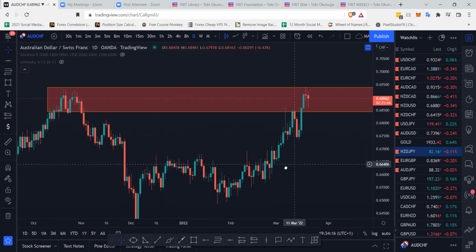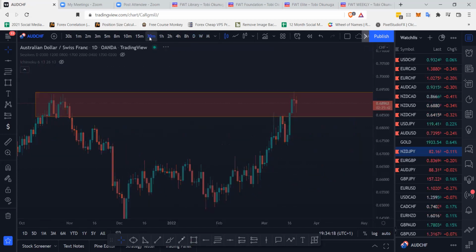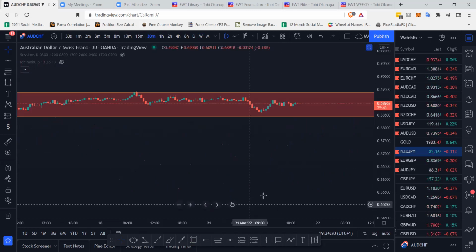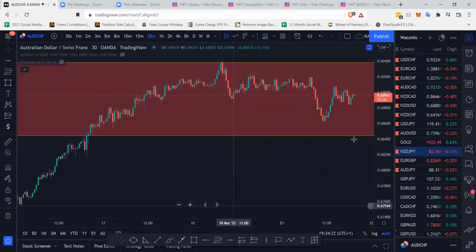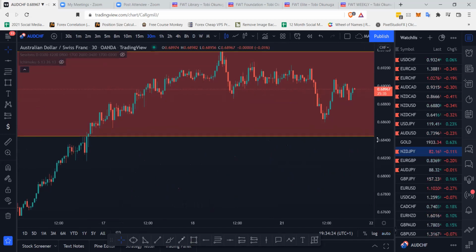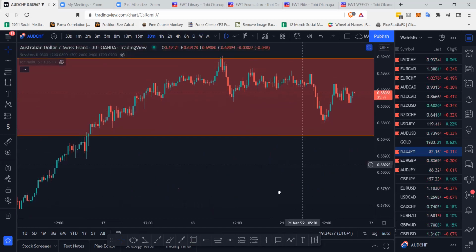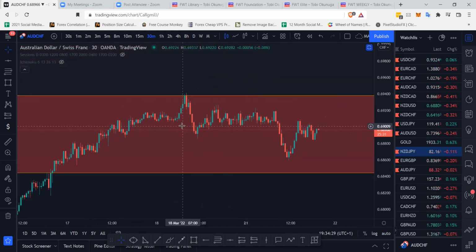So naturally, what you want to do here is go to your 30 minutes and look for entry. So this is your breakout, your order block, rally base drop here.